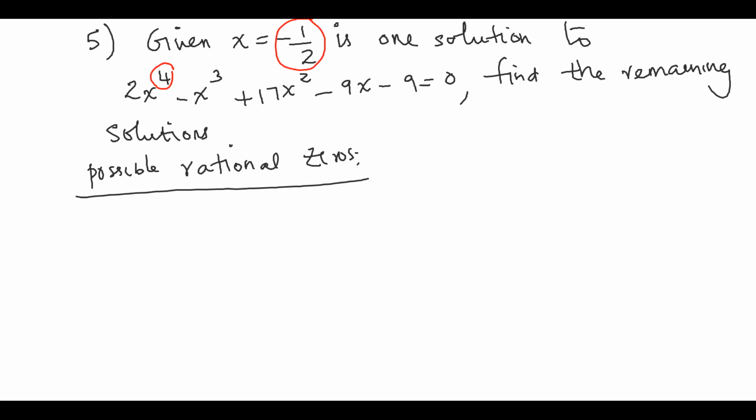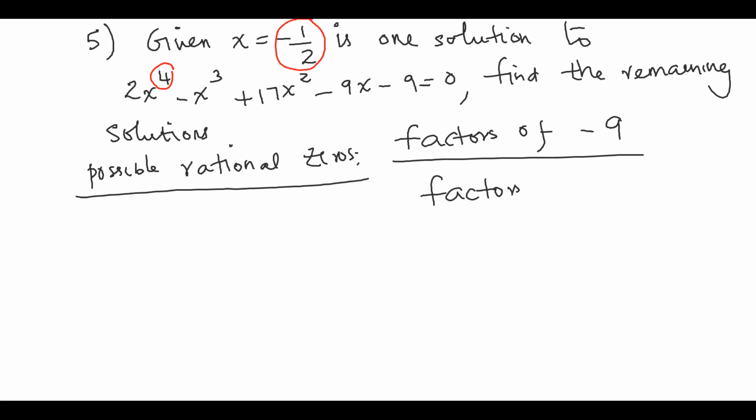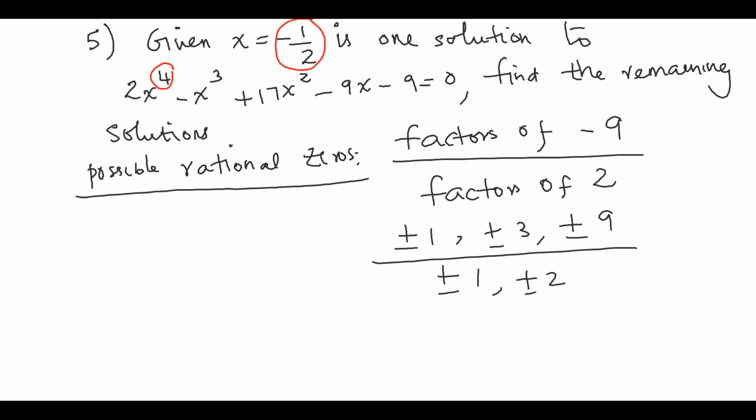It's going to be factors of negative 9 over factors of 2, which is going to be plus or minus 1, 3, and 9 over. These are the possible zeros.